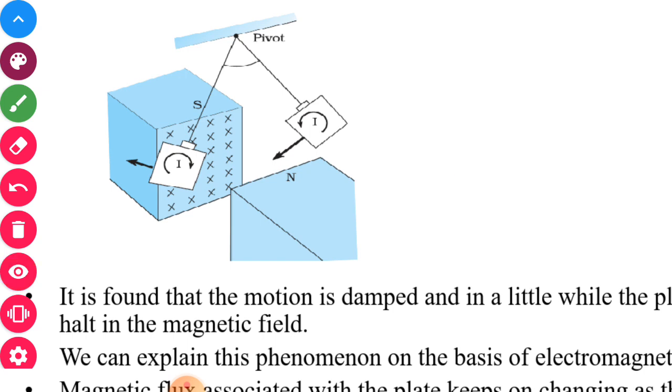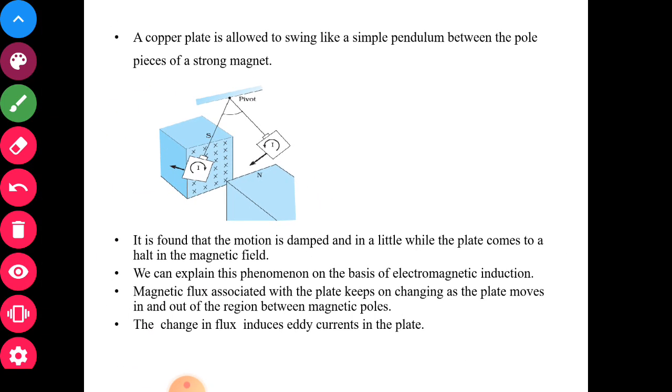This way we can explain this phenomenon on the basis of electromagnetic induction, why it is becoming damped. The magnetic flux associated with the plate keeps on changing as the plate moves in and out of the region between the magnetic poles.